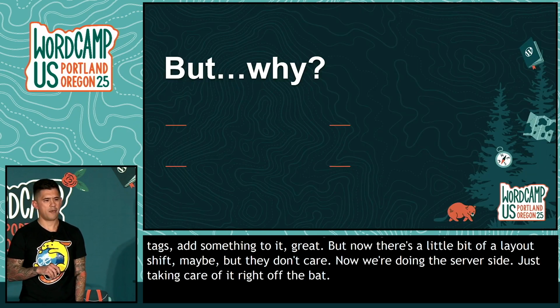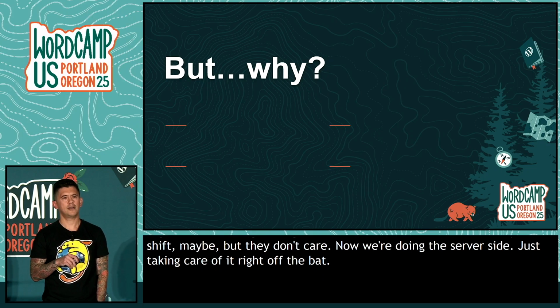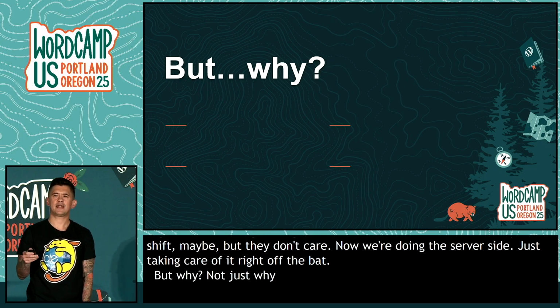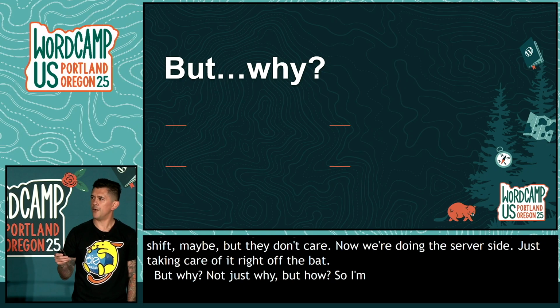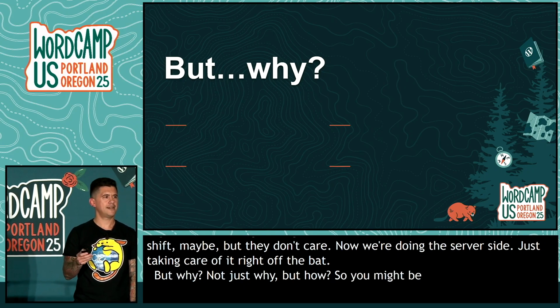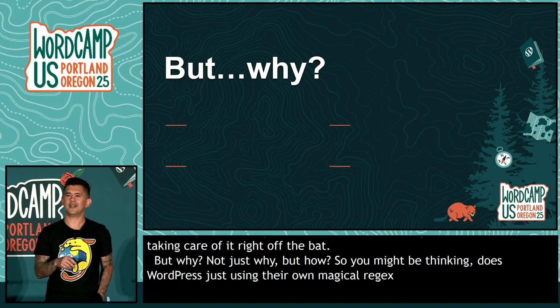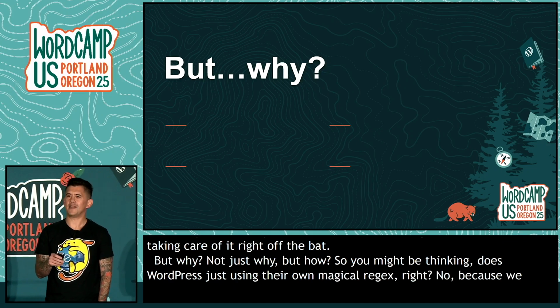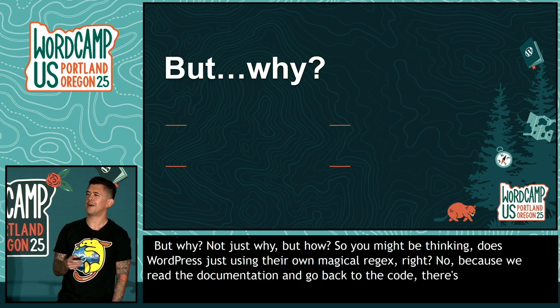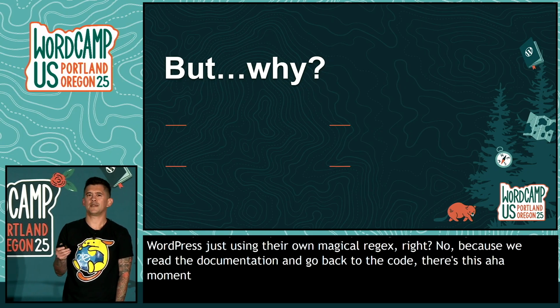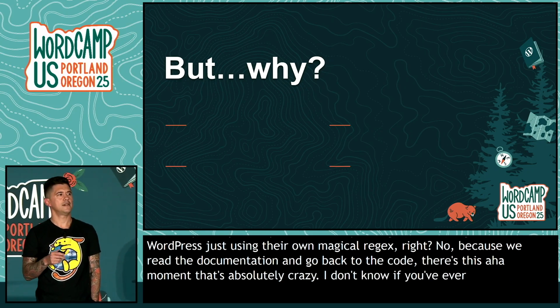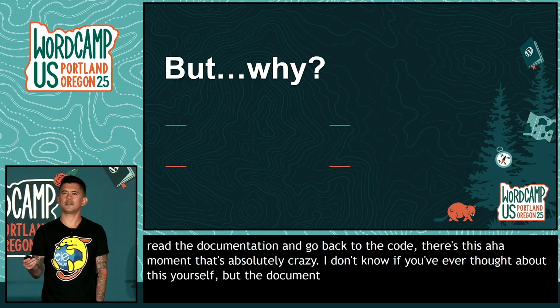But why? Not just why, but how. So you might be thinking, is WordPress just using their own magical regex, right? No. If you read the documentation and go back to the code, there's this aha moment that's absolutely crazy. I don't know if you ever thought about this yourself, but the document, the page, it's only angle brackets, right?